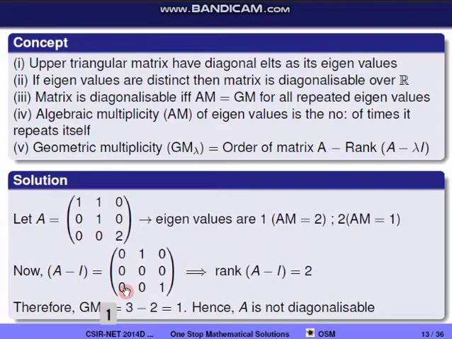The rank of A minus I is the number of non-zero rows, which is equal to 2. So the geometric multiplicity of 1 is equal to 3 minus 2, where 3 is the order of the matrix, which is equal to 1. So we are getting algebraic multiplicity not equal to geometric multiplicity. Therefore, option 3 is not diagonalizable over R.